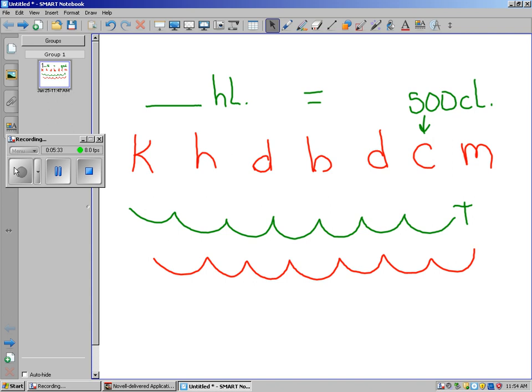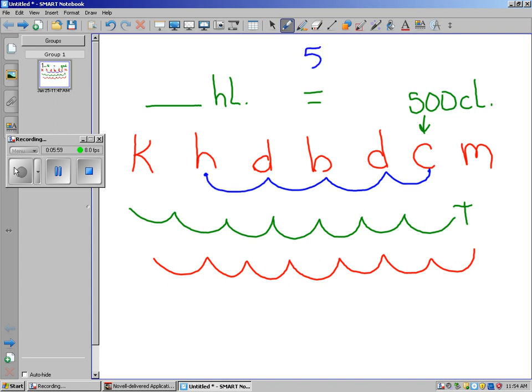First, I need to think, am I moving to my left or am I moving to my right? Since I'm starting at centiliters and I'm moving to hectoliters, I'm moving to my left, so I will be subtracting. Let's find out how many units I'm moving. 1, 2, 3, 4.